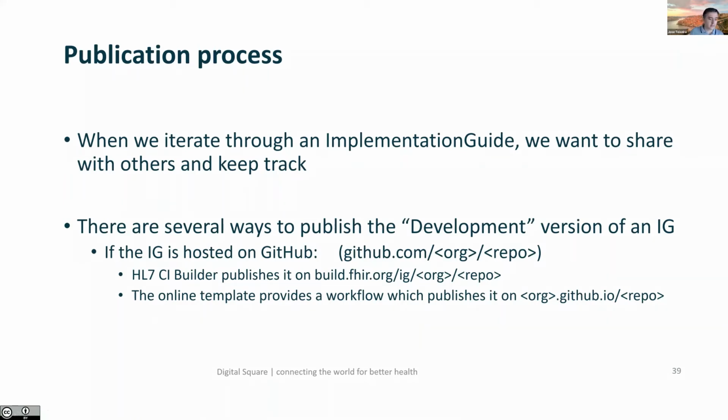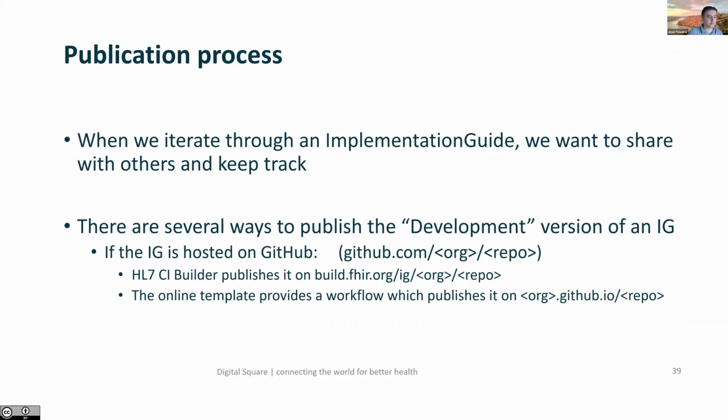But the online template that we will give you today provides an internal automated workflow which automatically publishes it on this URL. You'll see the example now, but this means that if you use a template like we are going to use just now, after the questions and answers, then you will not need to worry too much about building this.